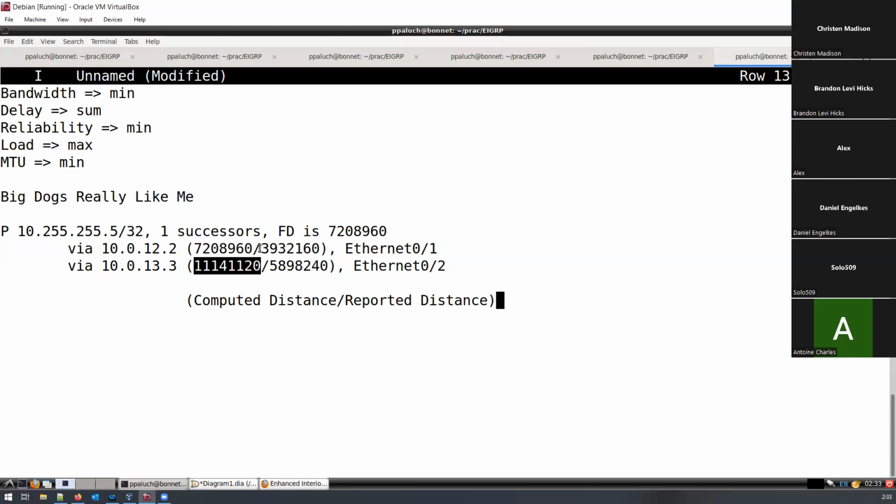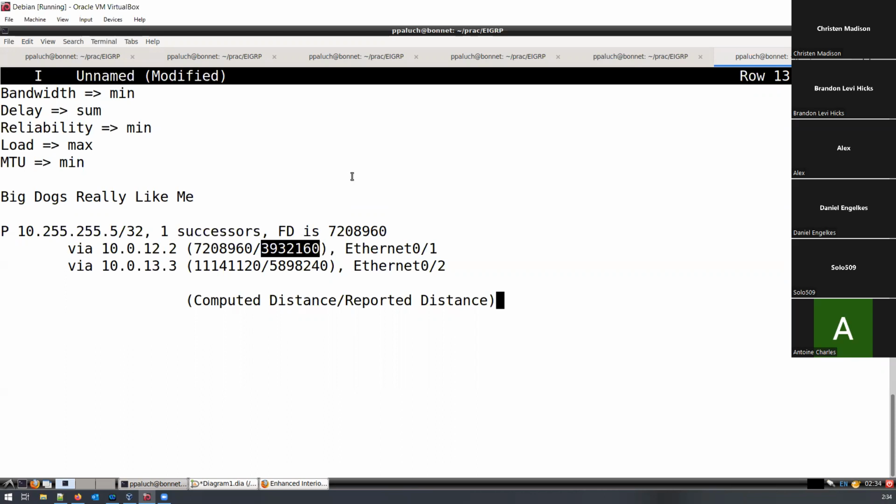The second number after the slash sign here, we call this the reported distance. Some older textbooks, some older courses and trainings may also call this the advertised distance. Advertised distance and reported distance are the same thing, but since advertised gets confused easily with administrative distance, the name advertised has been abandoned.